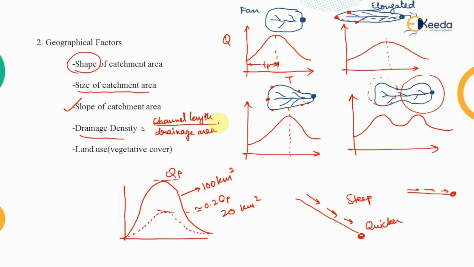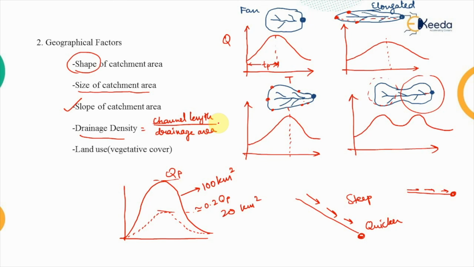That means, to take the water from the entire catchment area, how many channels are available. If fewer channels are available, it would take a huge amount of time to reach the outlet point. On the other hand, if we have more channels, then the contribution towards the outlet point will be quicker and greater.